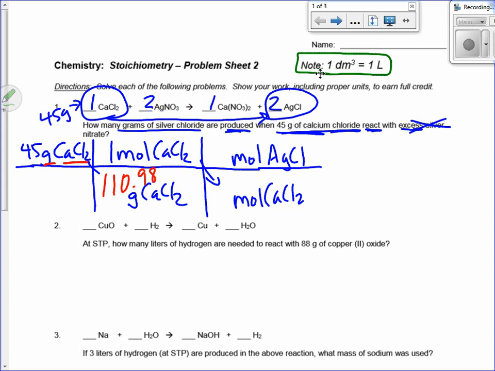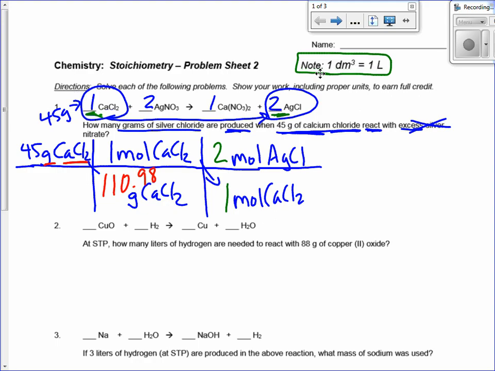Now what do I look at? Yes, I look up here at my balanced reaction. I look for the coefficients. So the 1 goes next to the CaCl2, down here. The 2 goes next to the silver chloride on the top. You insert your coefficients.